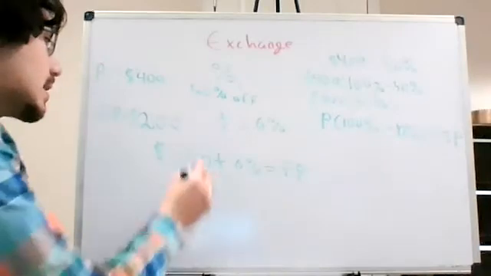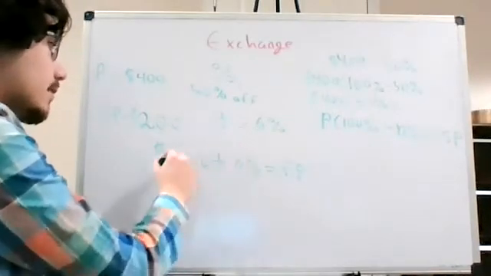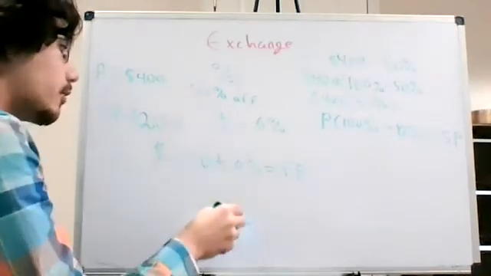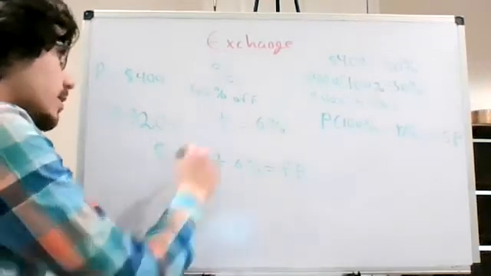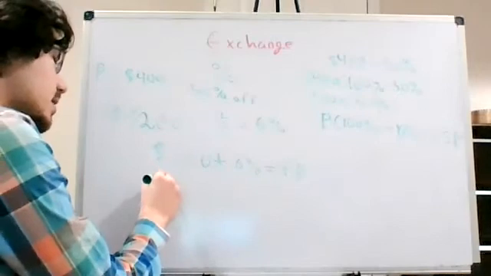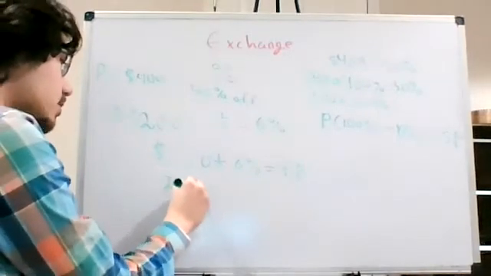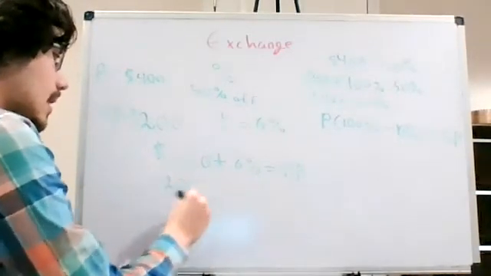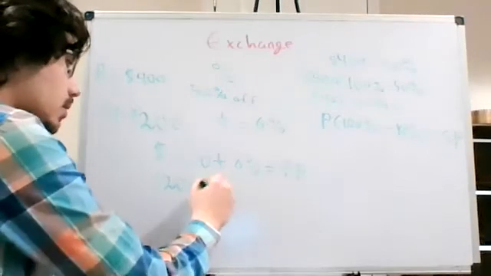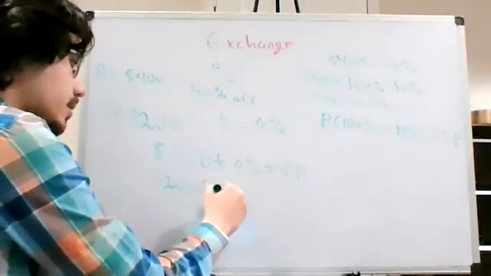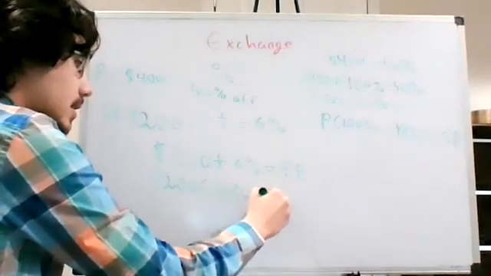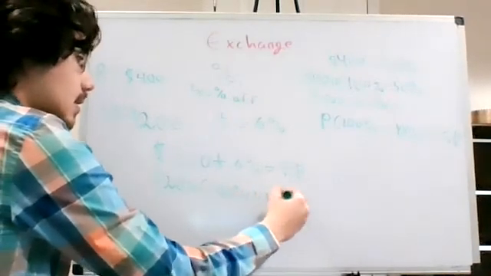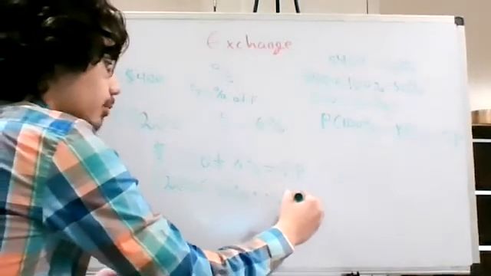And what we can do is find 6% of $200, which is $12, and then add it on to find the final price. Or we do the same thing as we did over there, and take the sales price and multiply it by its 100%, and then add on the 6% of the tax to get the final price.